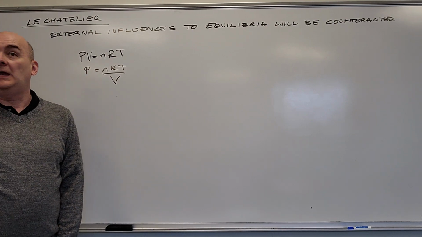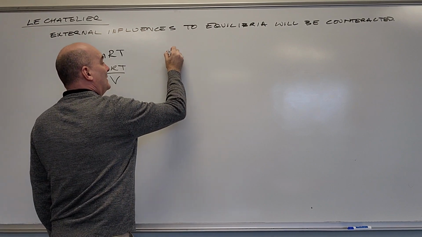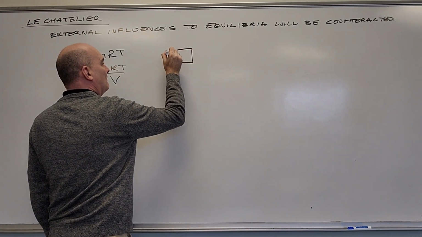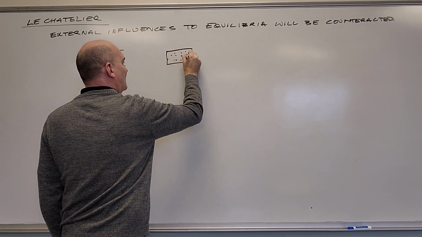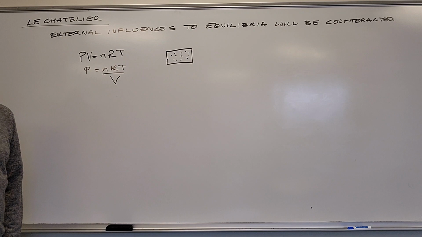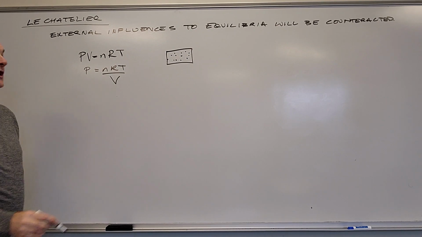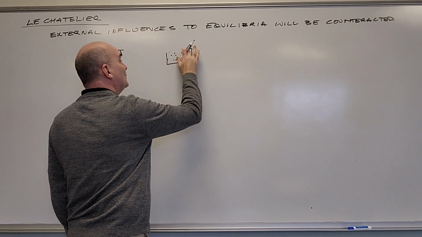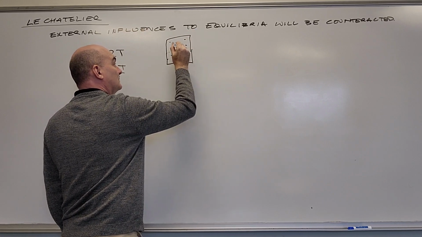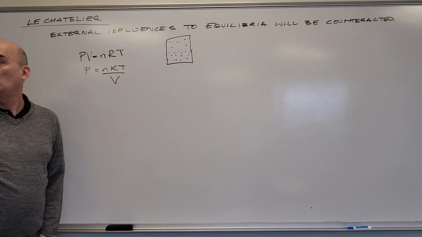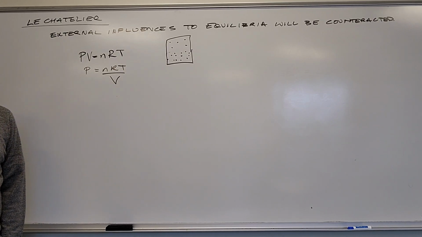That if I had a system, the gases, be they reactants and products, are all occupying this space. When I allow those to escape into a larger volume, I've made a change. And the equilibrium position might change to take care of that.